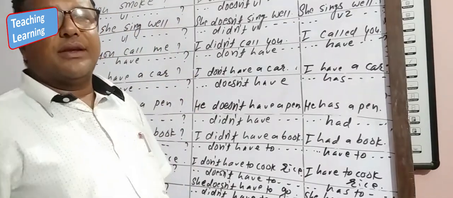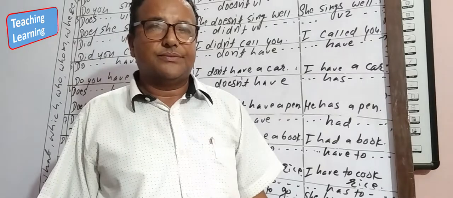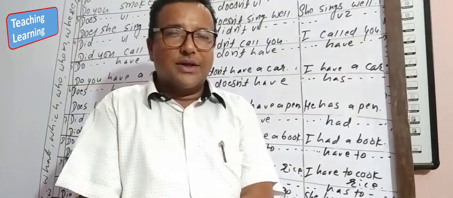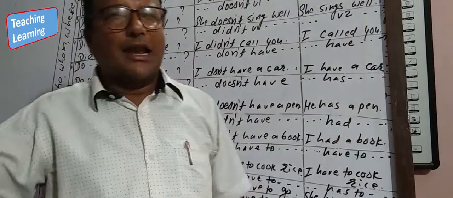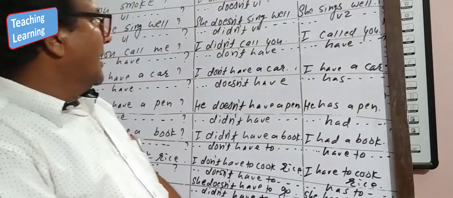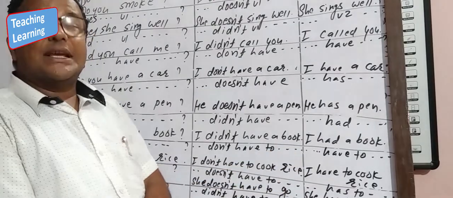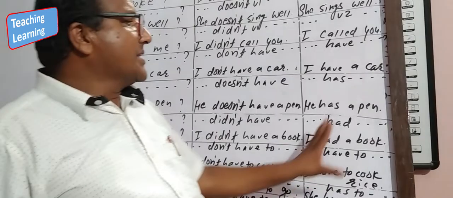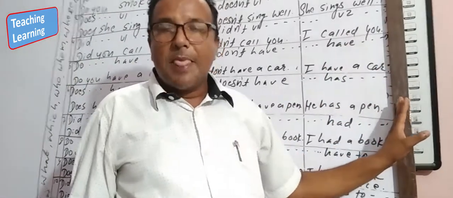I have been living in London. Where do you live? I live in London. Where did you live? I lived in London. Any question we can ask by this method. This is the worldwide method.